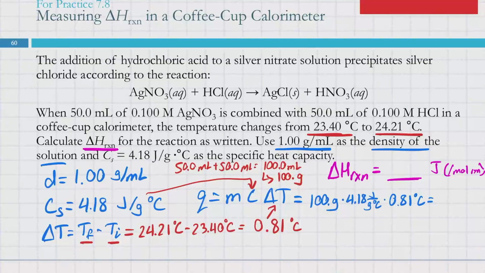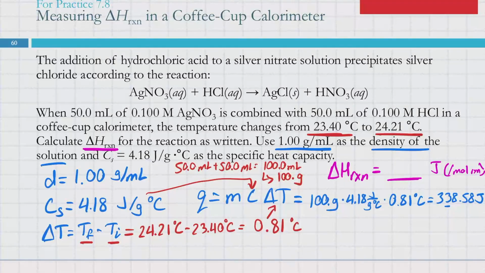So 100 times 4.18 times 0.81, we get 338.58. This will have two significant figures, and the units are joules. Is that our answer? It's not our answer. Why is it not our answer?